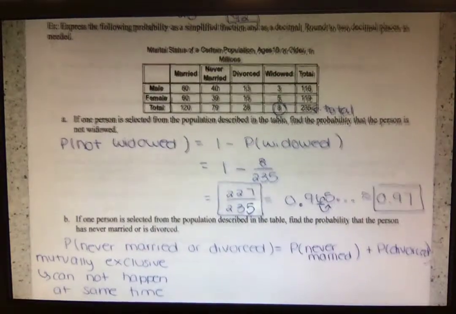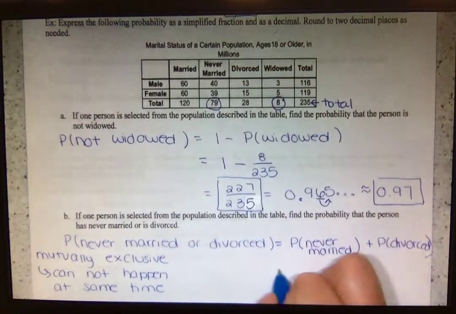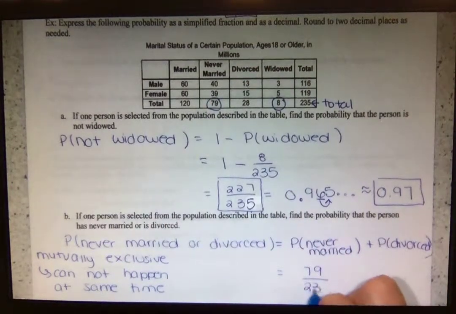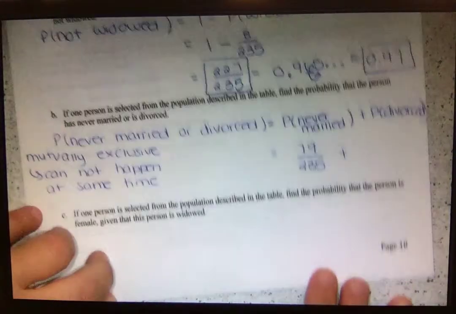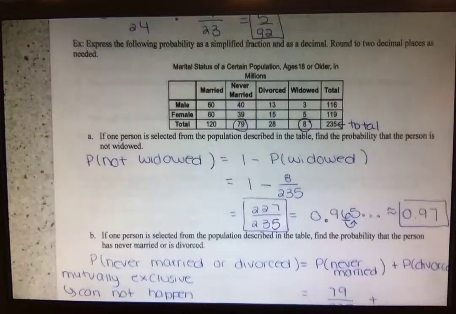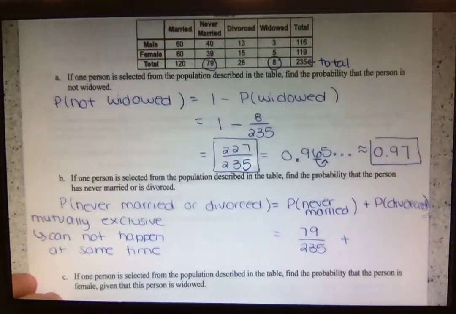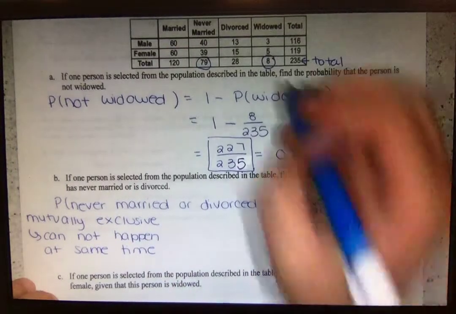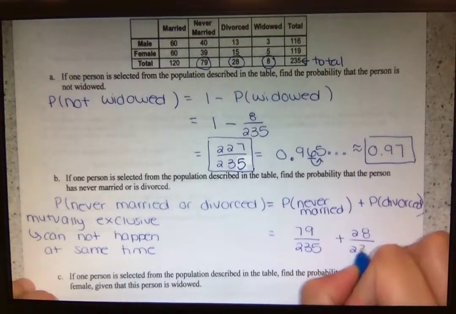So going to our chart, how many people have never been married? 79. Out of how many people total? 235. I was going back and forth to the chart, so it's okay. And what's the probability of divorced? 28. Out of our total 235.